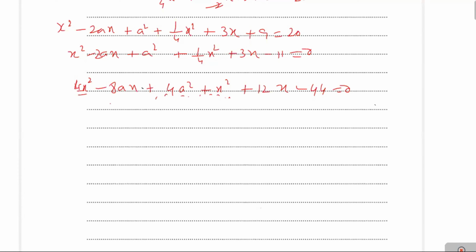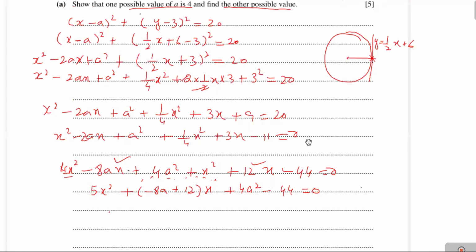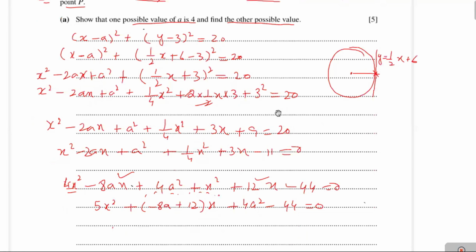Now we can write it as 5x square plus (minus 8a plus 12) into x. We take x common. Next is plus 4a square minus 44 equal to 0. Now this line y equal to 1 over 2 x plus c is tangent to the circle.